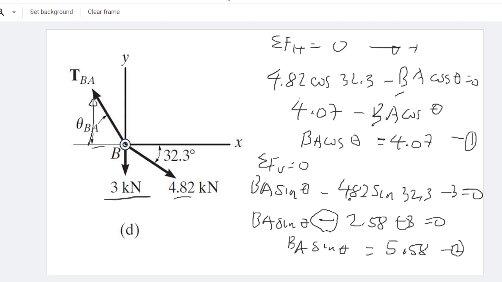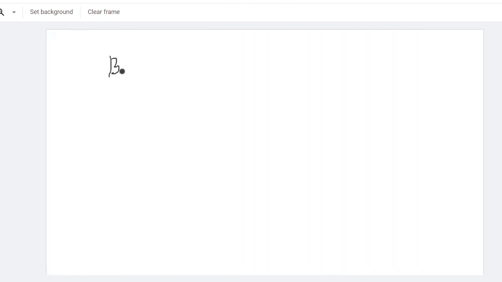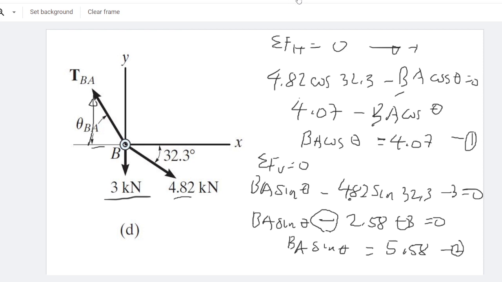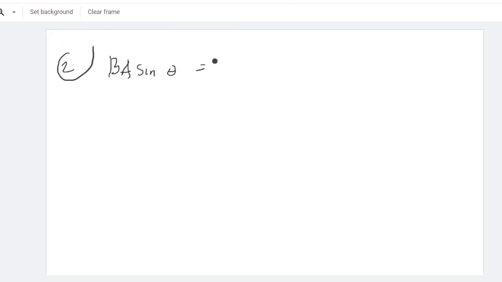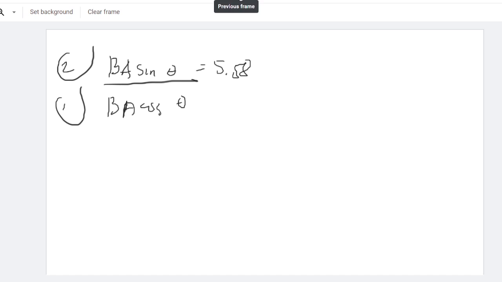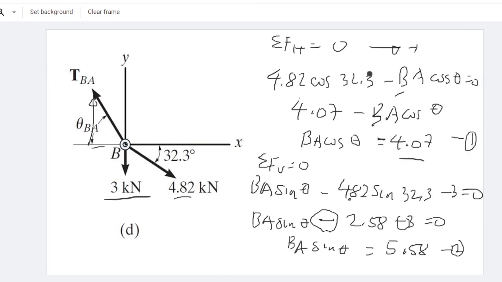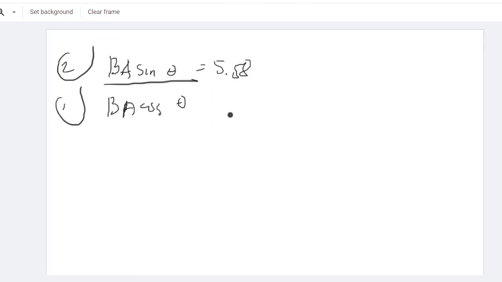Now I'll divide equation 2 by equation 1. BA sine theta equals 5.58, divided by BA cosine theta equals 4.07.